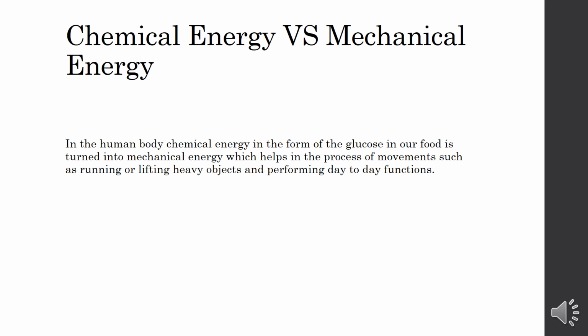This process converts the chemical energy to mechanical energy, and then it helps in movements such as running, lifting heavy objects, and performing day-to-day functions. So this was basically a basic overview of what is chemical energy and what is mechanical energy and the difference between the two.